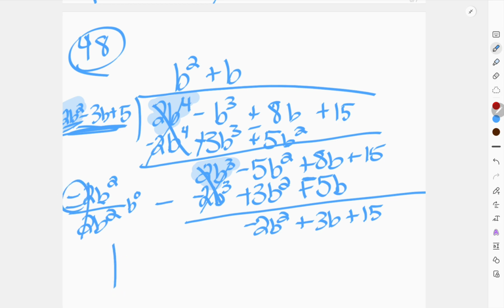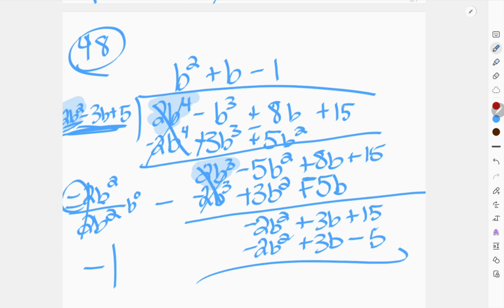Don't forget about your fun negative right there, so the answer is negative 1. So now you multiply that by everything you see over here. Negative 1 times 2b squared gives you negative 2b squared. Negative 1 times negative 3b gives you positive 3b. Negative 1 times positive 5 gives you negative 5.